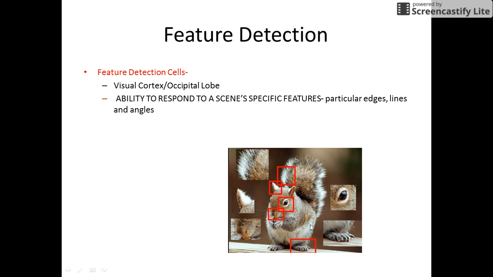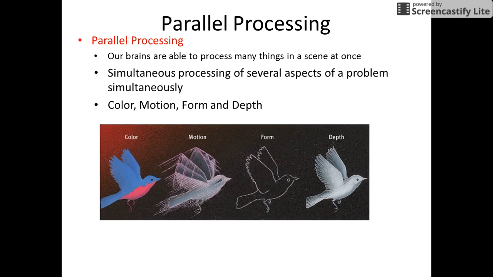We're able to see all the details on this squirrel because of our feature detection cells. It allows us to understand that the squirrel's tail is ending here, and we understand the background of images, lines of things, angles. All of this helps us understand the picture as a whole. Damage to certain areas would impair processing of different components and understanding when things start and finish.